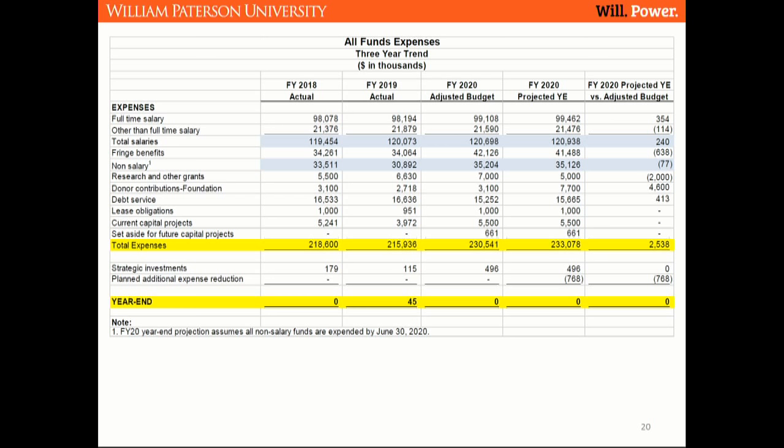It's for about 1,000 employees, but we also have employees, in auxiliaries in particular, that the state does not cover the fringe benefits for. So there's about a couple of million dollars, is that right, Don, $2.5 million, something like that, that we as a university have to cover the cost of fringe benefits. And the state charges us 50% of the salary for fringe benefits. Whether that's right or not, that's what they charge us.